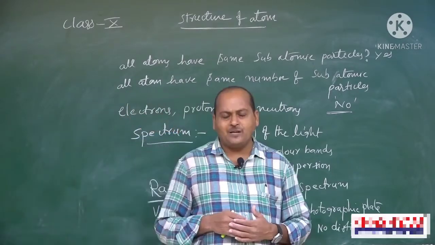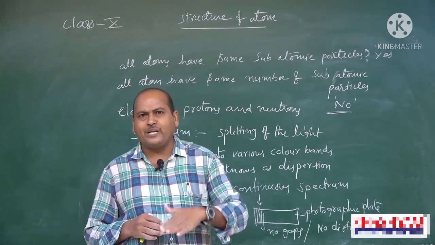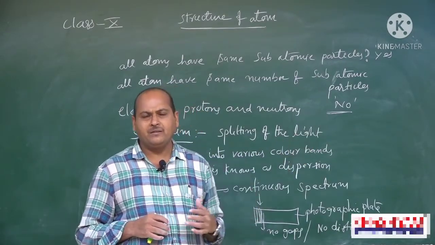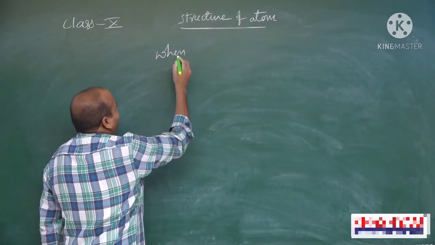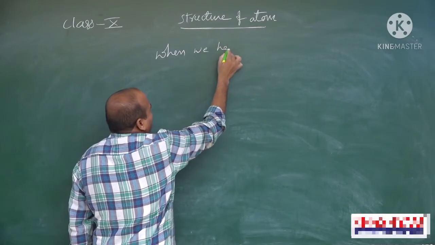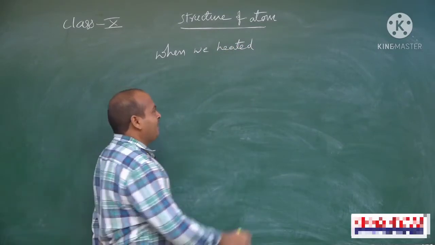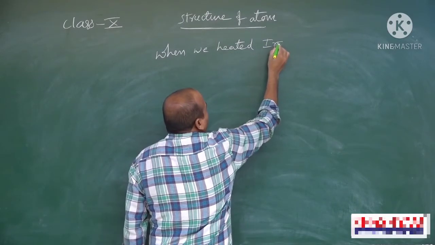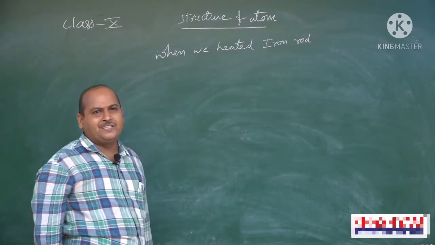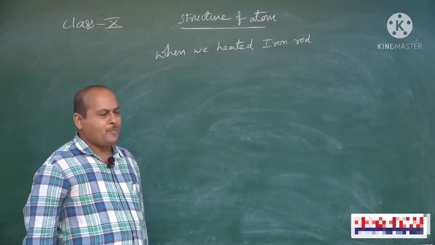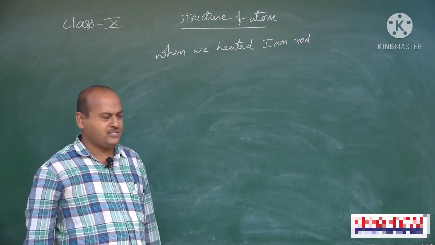In a common experiment, when you heat an iron rod from low temperature to high temperature until it is incandescent, it produces different colors at different temperatures.